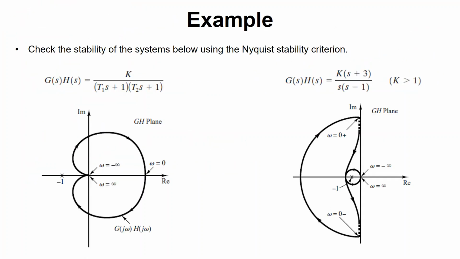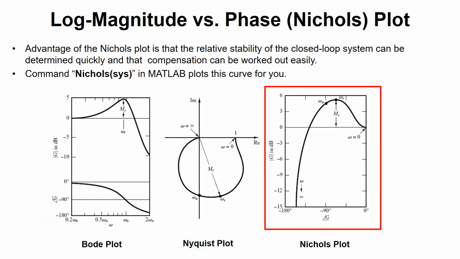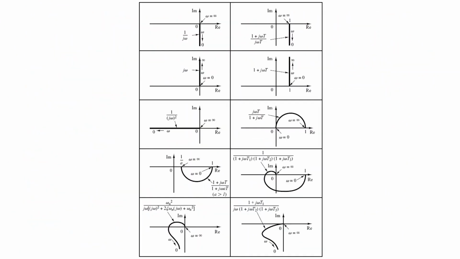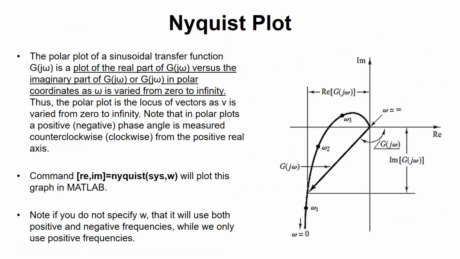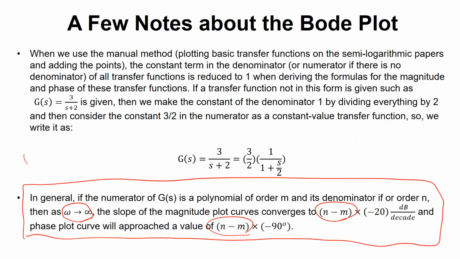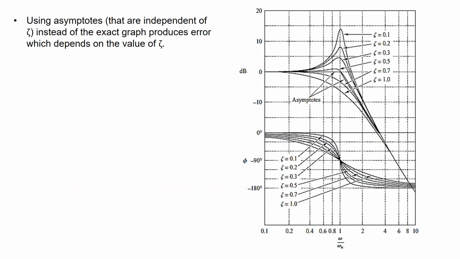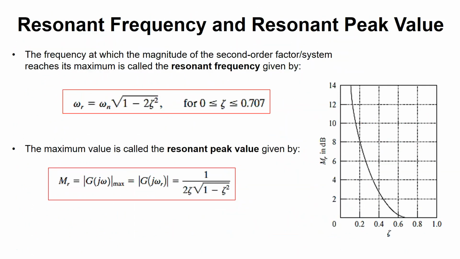As I said, the only place that you might see something about transient response is the resonant frequency, right? And the resonant peak value, which are here, correct?